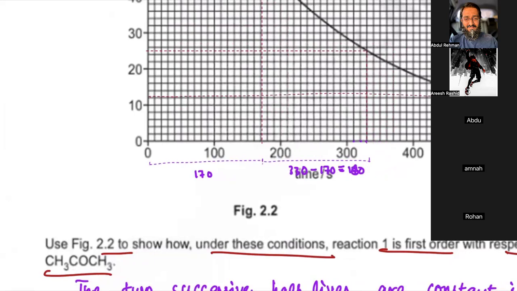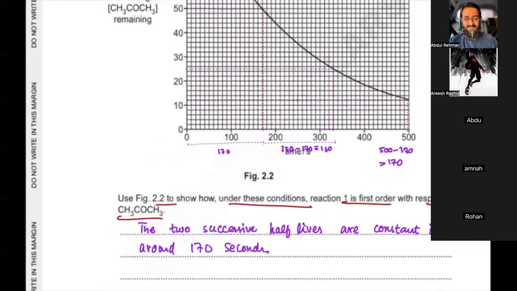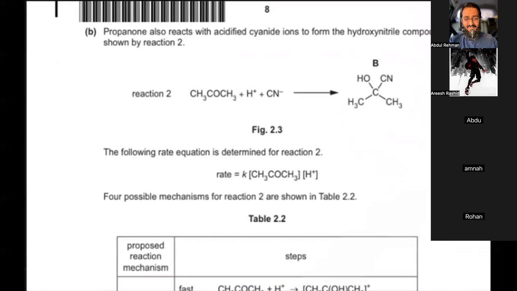If you have a doubt, you can check the third one. What is the third case? It's around 500 minus 330. So again, you are getting 170, right? So these are almost the same. So that's why it's first order. Okay, now.